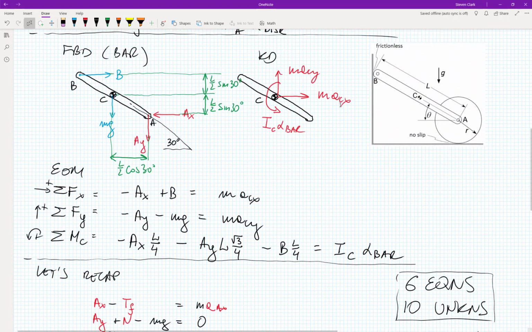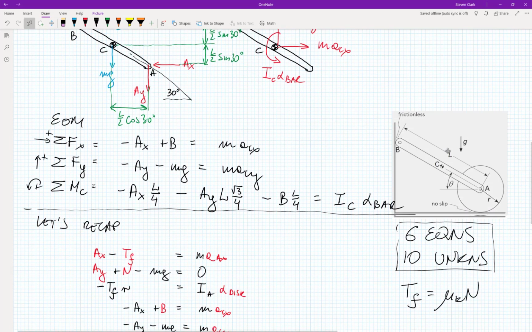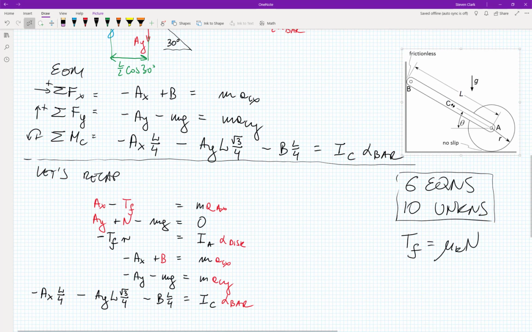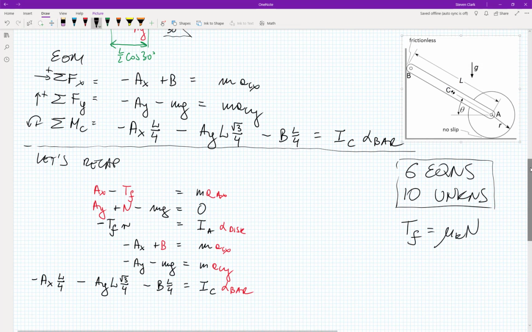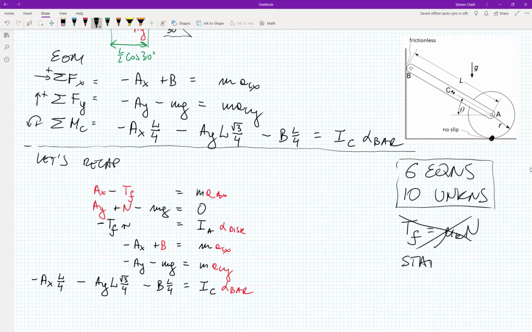Let me show you the system first, maybe. So this is our system. At this point, do we have kinetic or static friction? Static. So this is useless for us. That equation is useless because we have static friction.